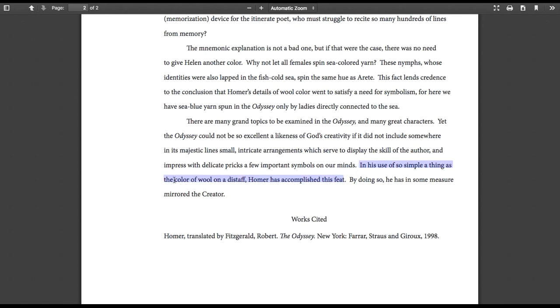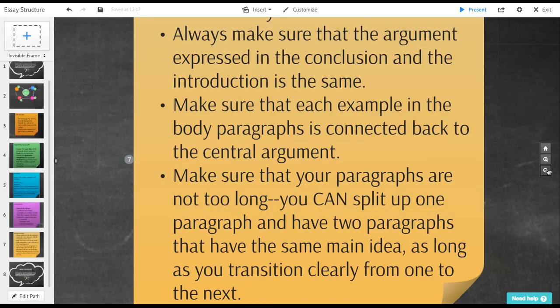This is the basic idea of the examples in the entire essay, the color of wool and weaving. So the author is connecting Homer's writing, as though he's weaving together a story, with the examples of weaving in the story by the two queens. So the conclusion does do all of the things that we said it needed to.